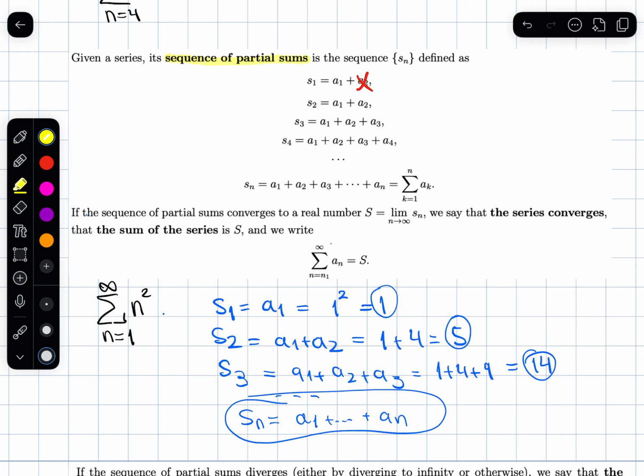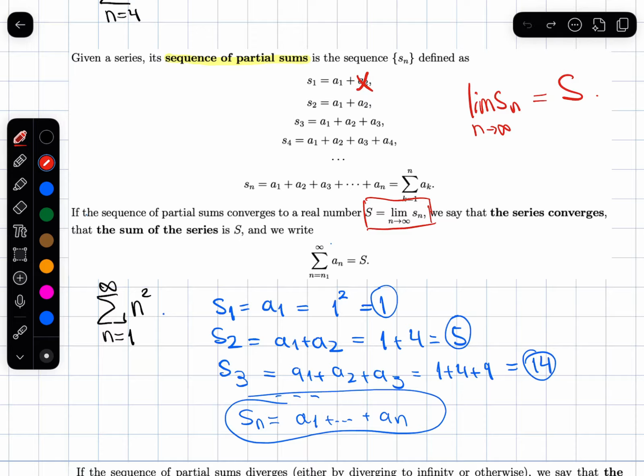So it has a name. That's the sequence of partial sums. We can decide if that sequence converges or diverges, right? If there is a certain number, and we're going to say this number right here, s, the limit of Sn when n goes to infinity equals s, a certain real number, then intuitively what's happening is that the more terms I add as n grows bigger, the closer I get to this number s.